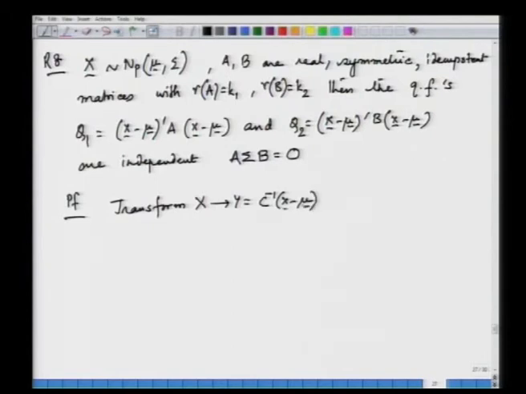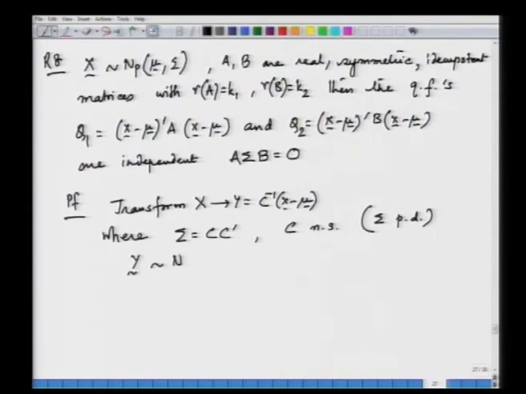What sort of C is going to help me is where sigma has been decomposed into C C transpose, and C is non-singular. Well, C is non-singular means I have obviously taken sigma as positive definite and not positive semi-definite. Okay. So, if this is so, then what is the distribution of y?